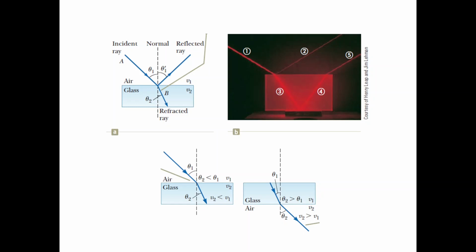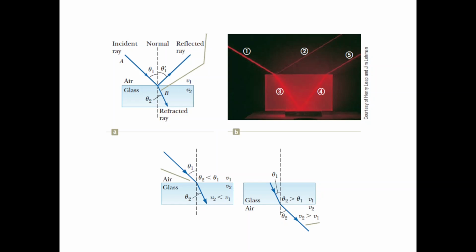Refracted light is that light which actually goes into the material, the second material after this interface. And we also need to know how it actually behaves. So you can see here in this example that part of this incident light is going inside the second material. It is reflected a second time, goes out, and comes back to the initial medium.